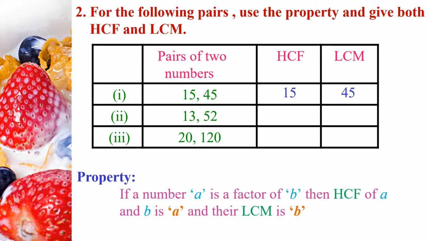That means A, 13 is HCF and B, 52 is the LCM. Then take 20 and 120. 20 is the factor of 120. So write A as HCF, that is 20, and 120 is the LCM.